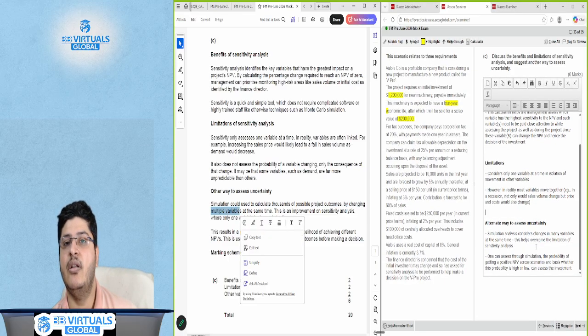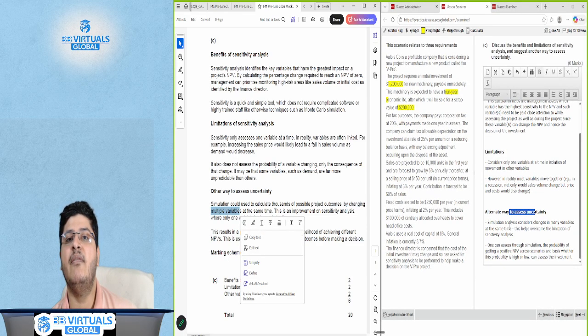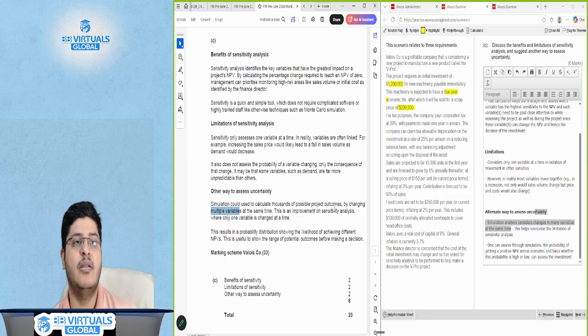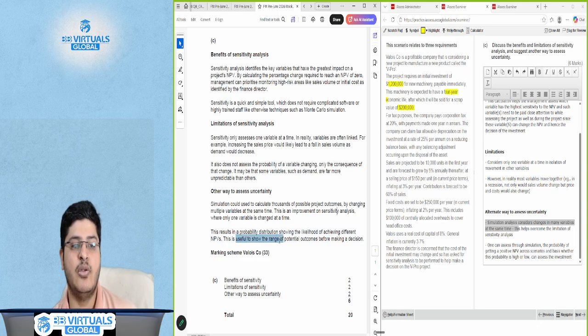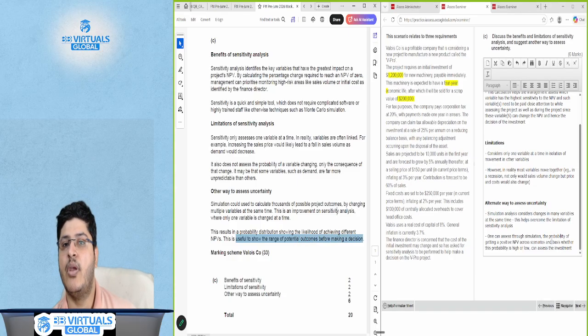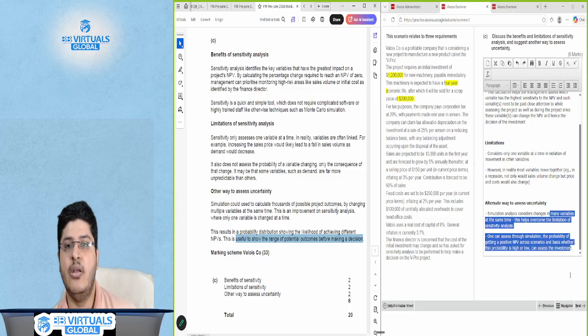We've also written always considers changes in many variables at the same time, correct? This is a very important improvement since this helps improve the limitation of sensitivity analysis. We've also written the same thing. Okay, this results in probability distribution, so useful to show the range of potential outcomes before making a decision. Okay, range of potential outcomes. So we've also written probability distribution, and you can assess the investment.